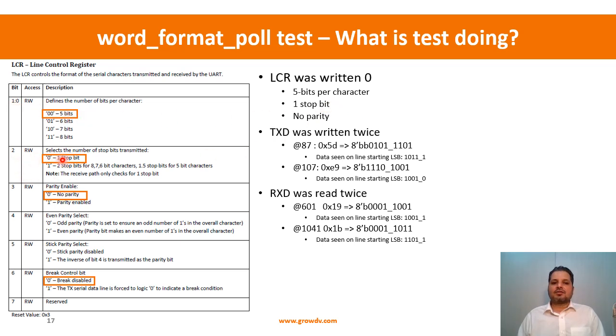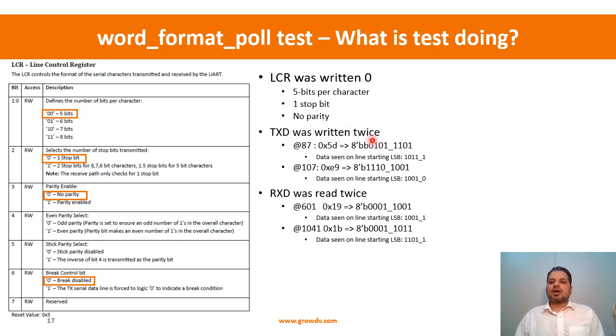The second bit is value 0, which means one stop bit, and the third says no parity, right? The rest of them are again all 0, so stick parity is disabled and break is disabled. So what we are essentially saying is that we have 5 bits per character, one stop bit and no parity. That is what we are expecting to see on the lines.